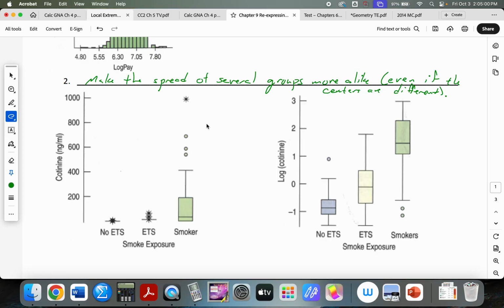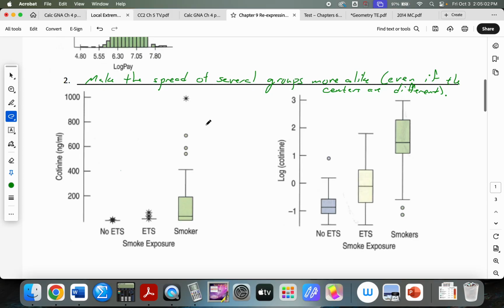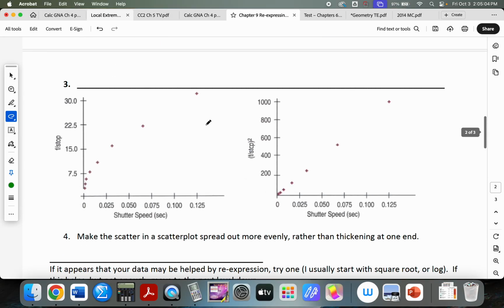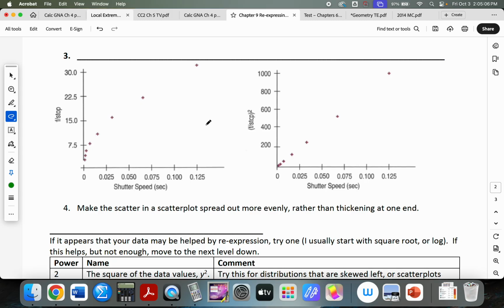Does that make sense? Yeah. All right. Well, this is going fast. Page 2. And this is the one that we're really concerned with here, to make the form of a scatter plot more nearly linear.